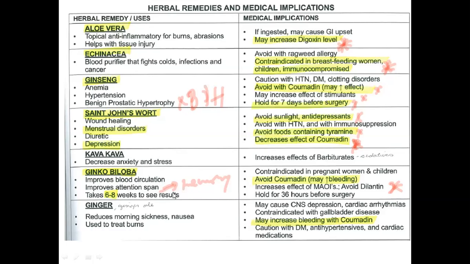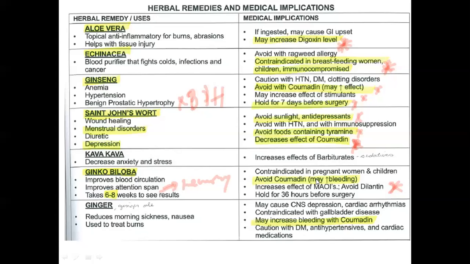Very important note you have to know. If the lady is pregnant, it is not to be given to them. So contraindication of ginkgo biloba in pregnant women or breastfeeding mother. Also avoid coumadin. Why? Because ginkgo biloba increases the effect of coumadin and increases the bleeding tendency.